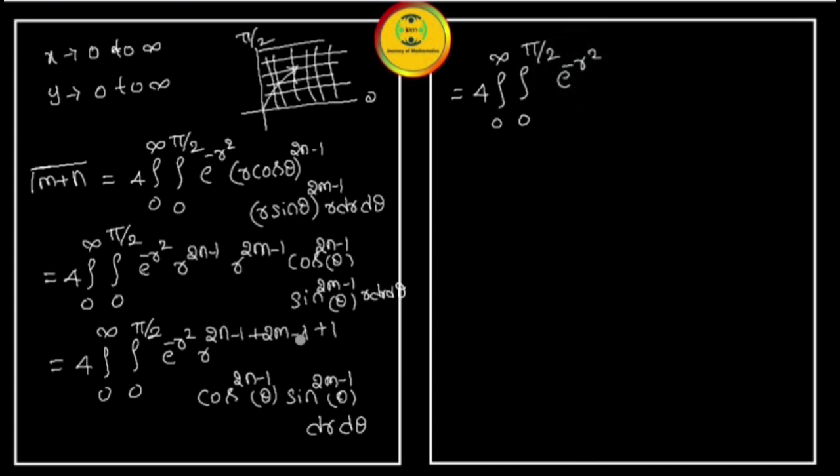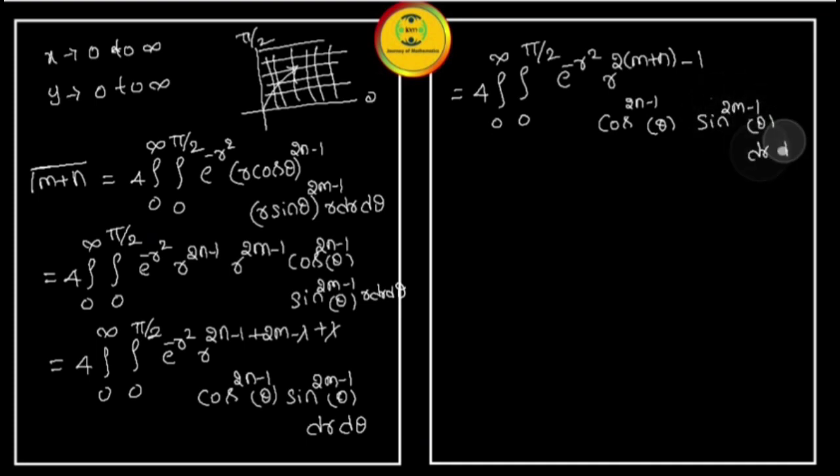Here plus 1 and minus 1 get cancelled, giving r power 2 into m plus n minus 1, into cos power 2n minus 1 theta into sin power 2m minus 1 theta, dr d theta.